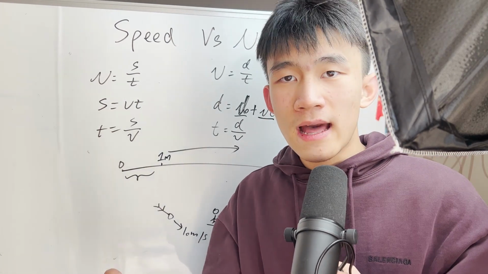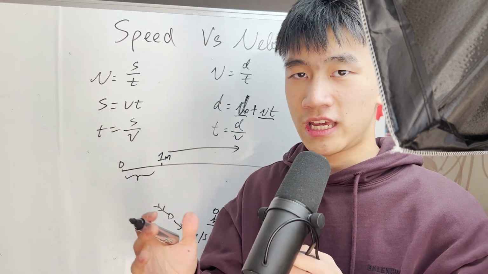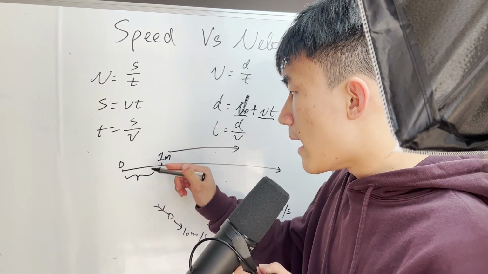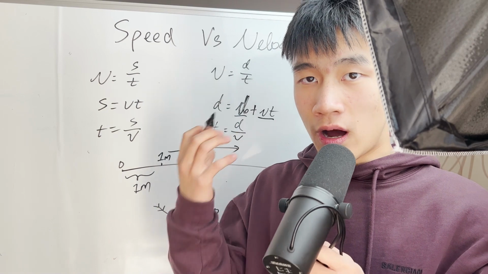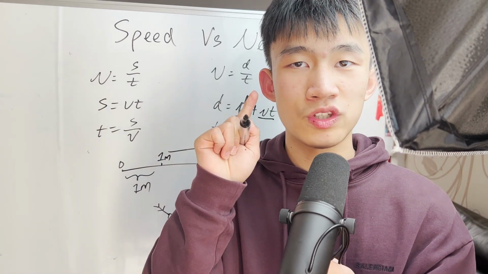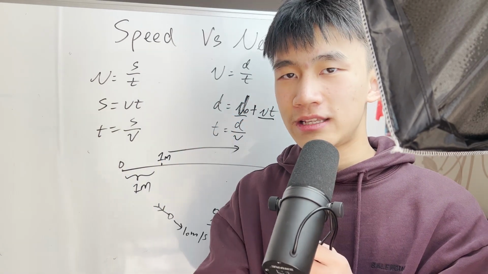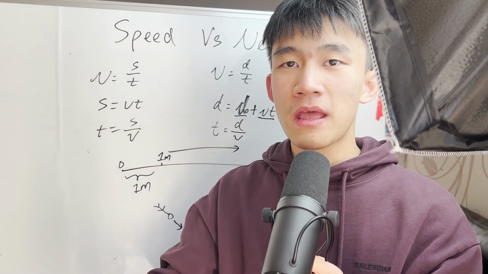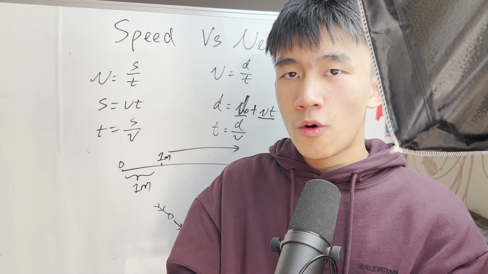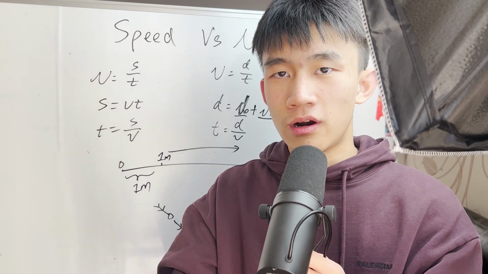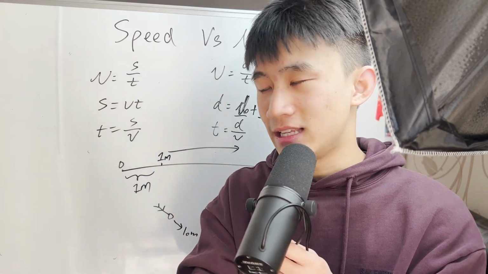It's just going to take into account all the displacement right after t equals 0 seconds. So by adding this 1 meter, I can get the final displacement of the object. All right, so this you need to be very careful about. However, it's not going to appear in your exam, but this concept of adding the initial displacement will be crucial later. All right, so keep an eye on that.